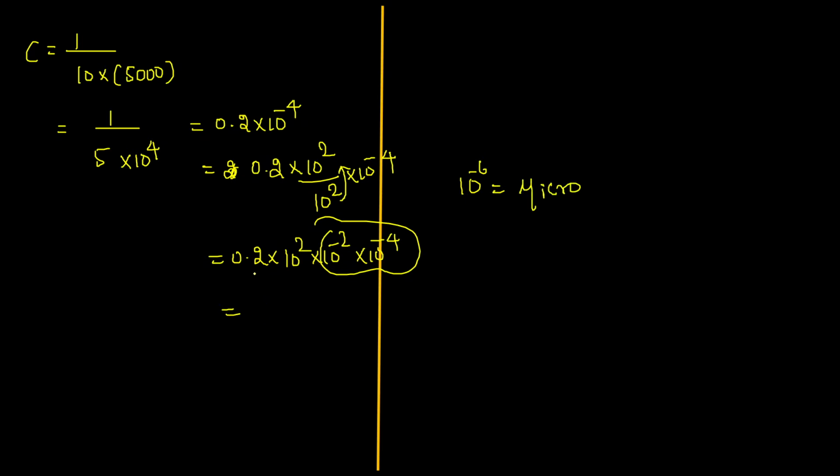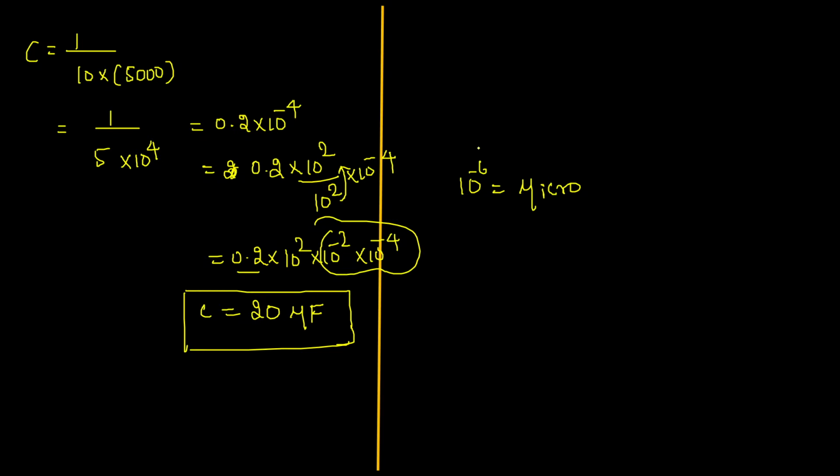So 0.2 into 10 power 2 will become 20. So 20 into 10 power minus 6. 10 power minus 6 means micro. The unit of the capacitor is farad. So this can be written as 20 microfarad. Am I right? Did I make any mistake here? You can cross check, because I am also not sure. But what we got, our answer is 20 microfarad.